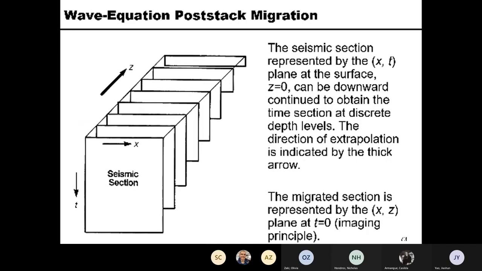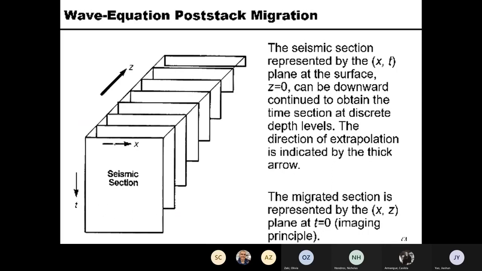So in your original seismic profile, after stack, you have X and T, right? This profile is recorded at the surface. Downward continuation means this profile goes downward to the next step, delta Z. So you go to here, image.